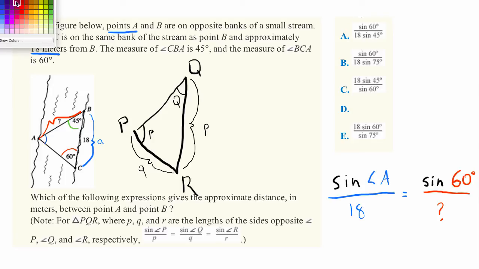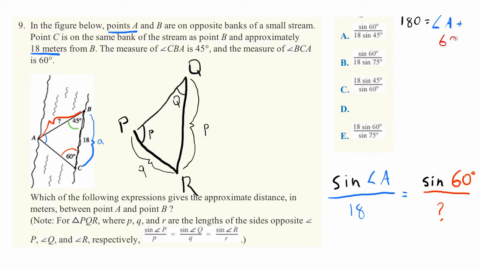So the measure of angle A is actually easy to find because all the angles in a triangle should sum up to 180 degrees. That is, 180 should always be equal to angle A plus angle B plus angle C. So we have angle A we don't know, but the other two we do. So angle A plus 60 plus 45.